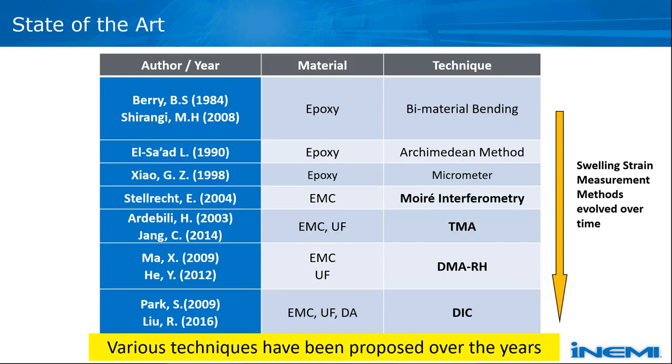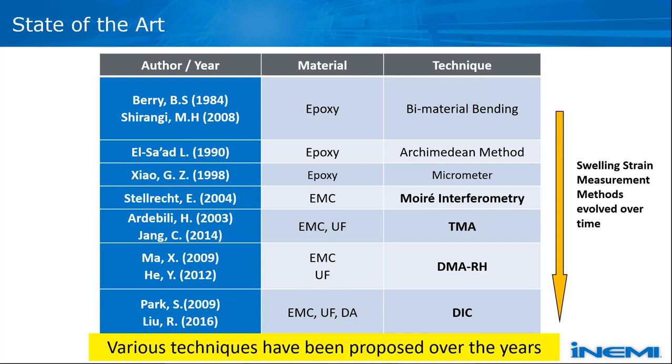So just to share some high-level information on a prelim state-of-the-art survey that we conducted. These are the hygroscopic swelling measurement methods that have been proposed by various researchers throughout the years. But most of these seem to have some sort of limitation, mainly with the measurement up to higher temperatures. You can see the earlier ones on the top.